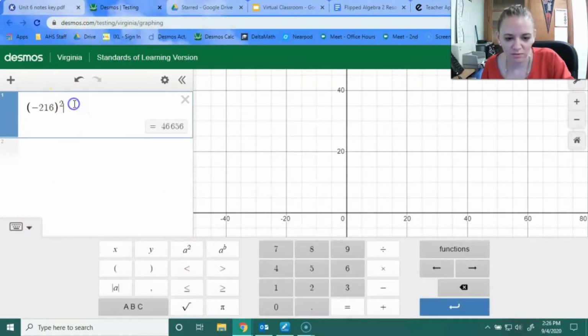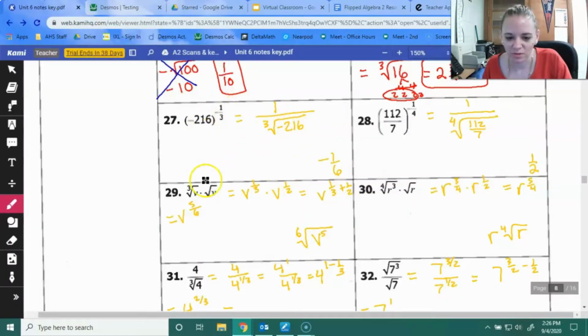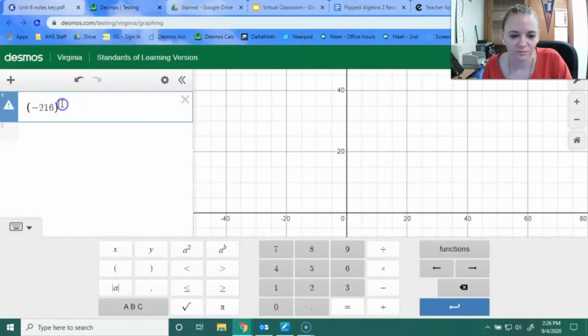I didn't necessarily want that one, so let me try to delete this. When you have only numbers and no variables, you can put it in the calculator. If you have a variable in there, you can't. But one like this, you could: negative 216 raised to the negative 1/3.